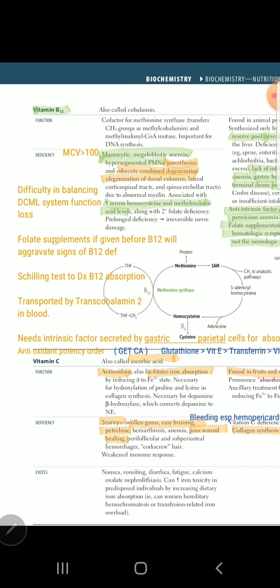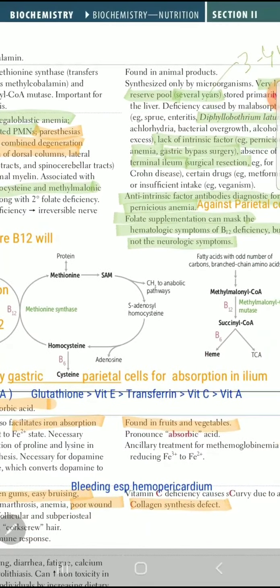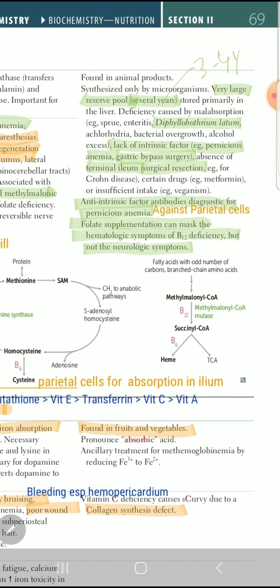And folate supplementation, if given before B12, will aggravate signs of B12 deficiency. Why? Because in this reaction, if more folate is given, it leads to more reaction, and the B12 that is present will automatically become deficient in a few days. So it is advised to give B12 supplementation along with or before folate.